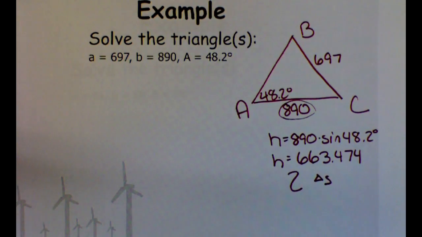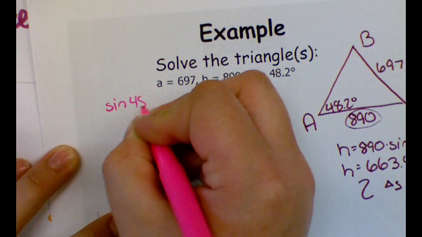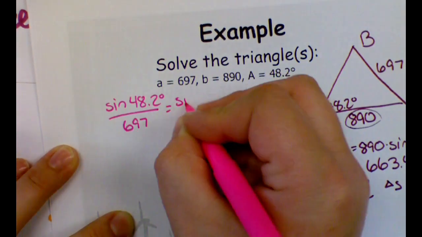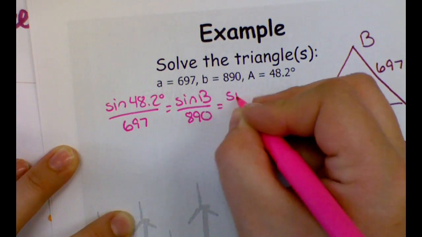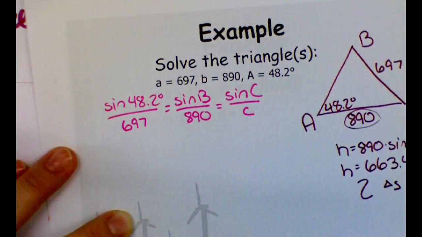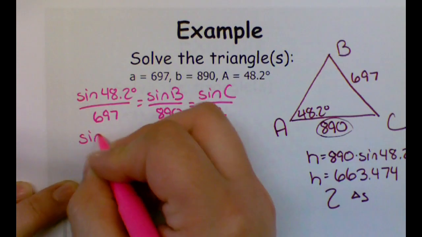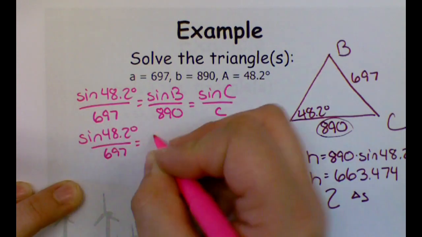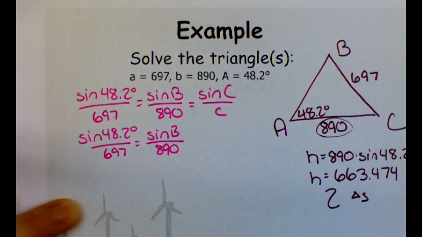All right, start by law of sines. The sine of angle A over side A equals the sine of angle B over side B equals the sine of angle C over side C. We have to find angle B first. So we're just going to cut off that last fraction and cross multiply.